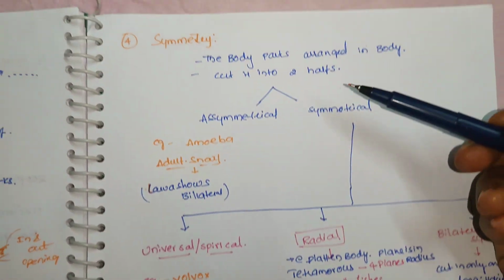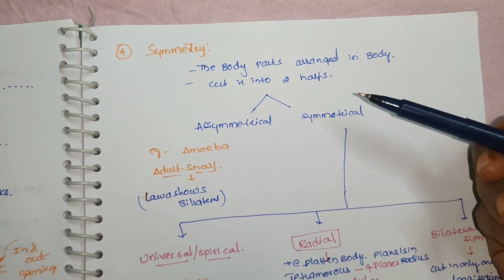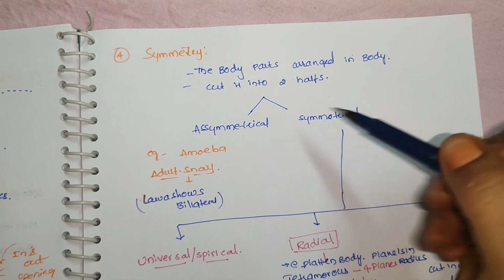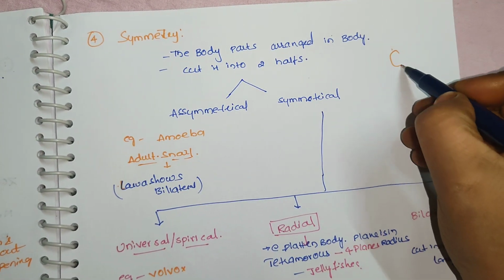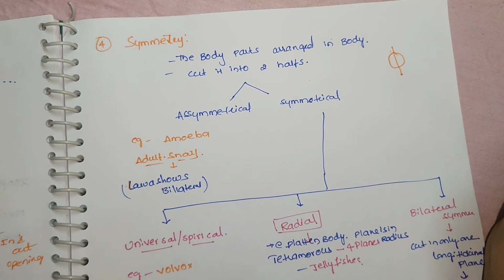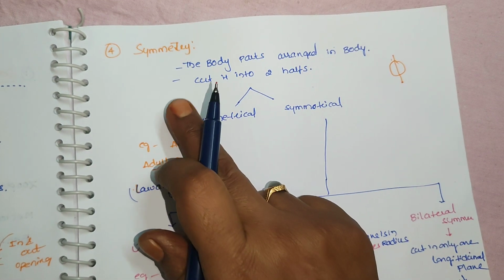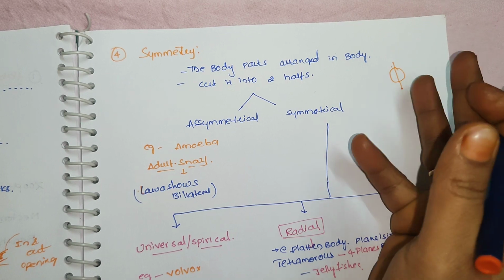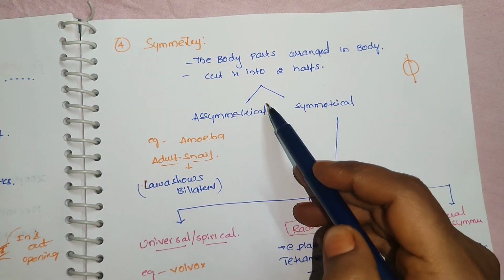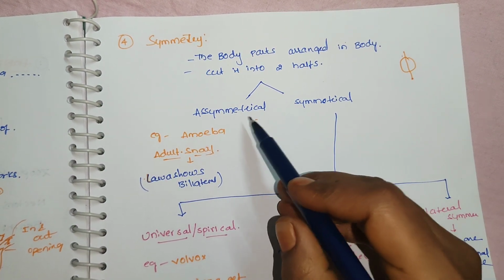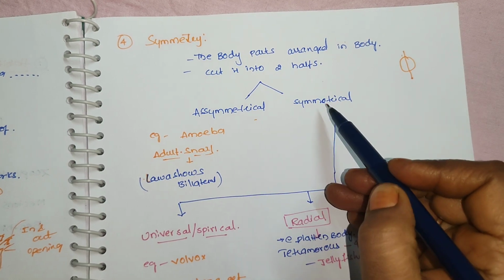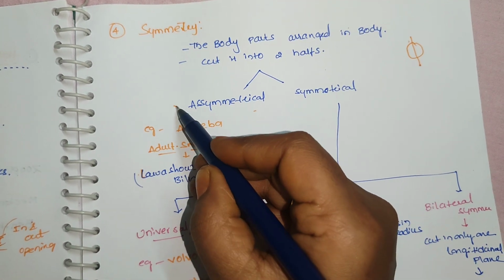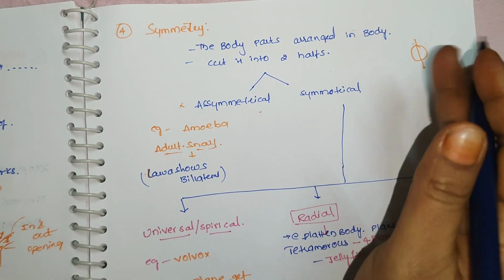Then based on the body plan, how the body parts are arranged in the body. Symmetry means cutting into two equal halves. Based on symmetry also, the organisms evolved into different phyla. Symmetry is of two types, asymmetrical and symmetrical. Here A means absent, there is no symmetry.